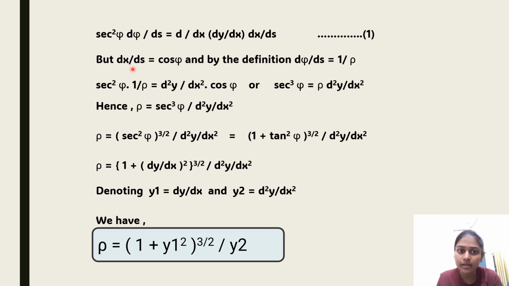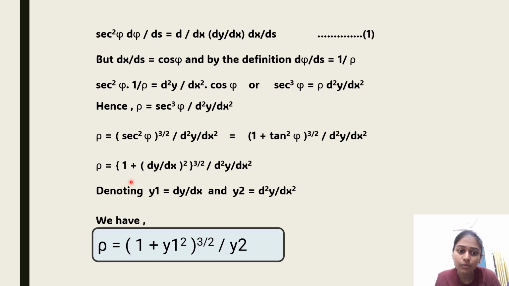But dx by ds is equal to cos psi, and by the definition d psi by ds is equal to 1 by rho. Secant square psi into 1 by rho is equal to d square y by dx square into cos psi, or secant cube psi is equal to rho into d square y by dx square. Hence, rho is equal to secant cube psi by d square y by dx square. Rho is equal to secant square psi whole power 3 by 2 divided by d square y by dx square, which is equal to 1 plus tan square psi whole power 3 by 2 divided by d square y by dx square.